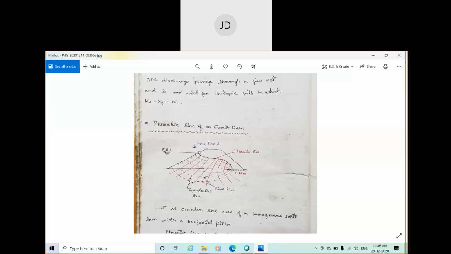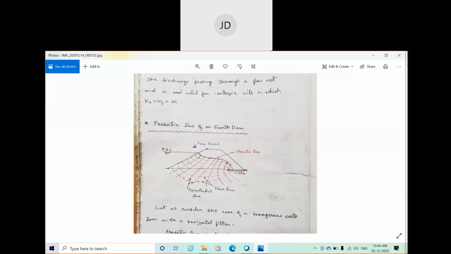So what it does is attract the flow of seepage. That means if water has a tendency to cross through the downstream face, because of the presence of this filter, the flow will be attracted towards the filter. It will go like this. So all the seepage flow will go through this filter portion. So this is the significance of the filter.